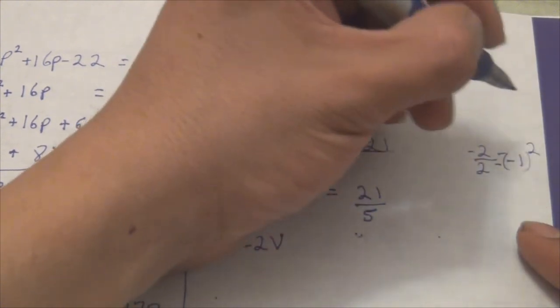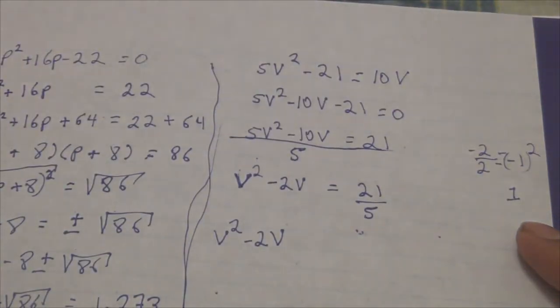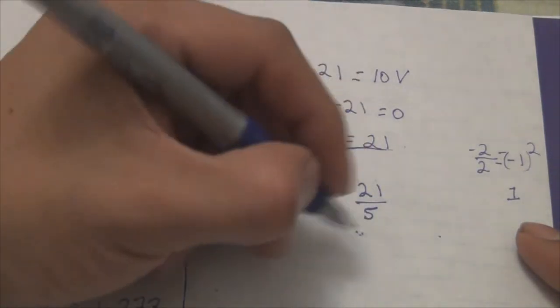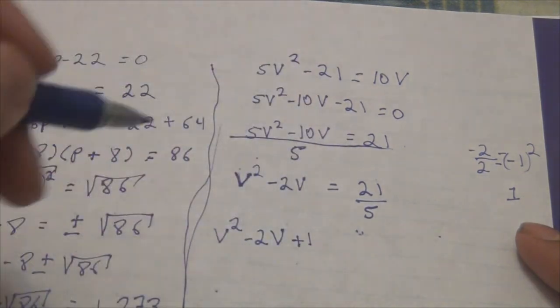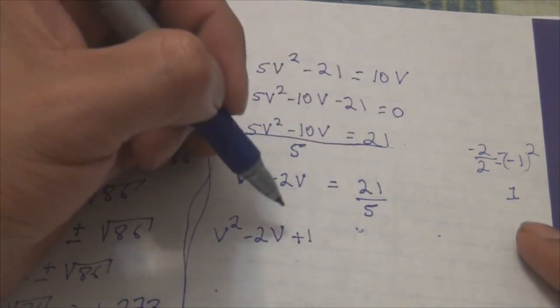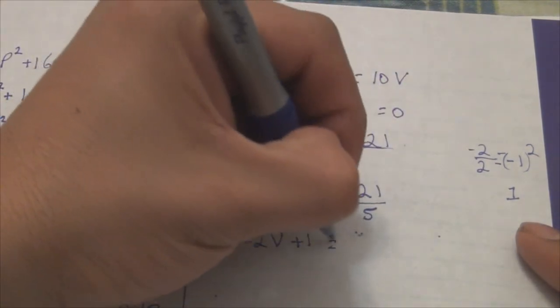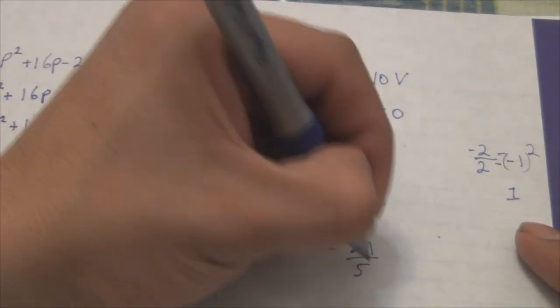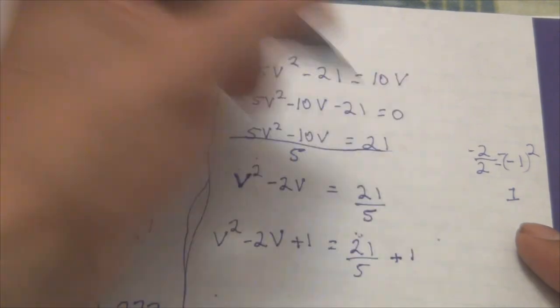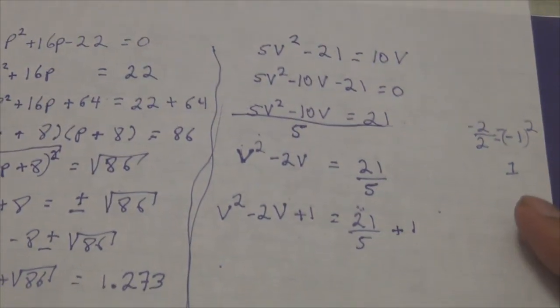And when I square negative 1, I get 1. So that's the number I'm going to add to both sides. Plus 1. Remember the requirements of a perfect square trinomial: the last sign is a plus. Equals 21 over 5 plus 1, because you have to do it to both sides. Okay.